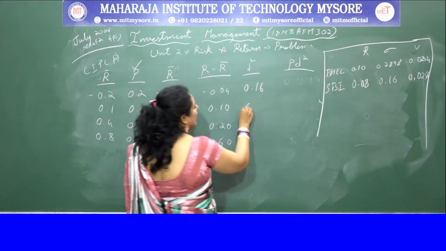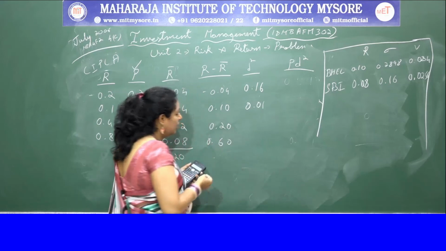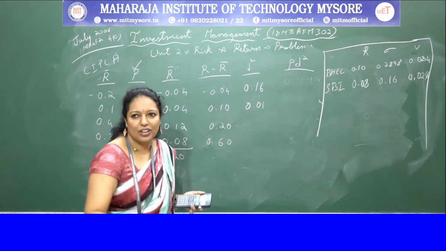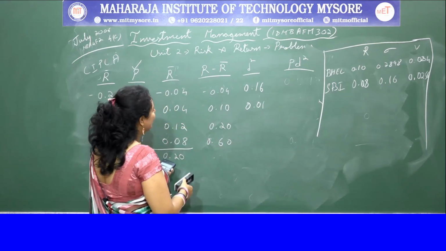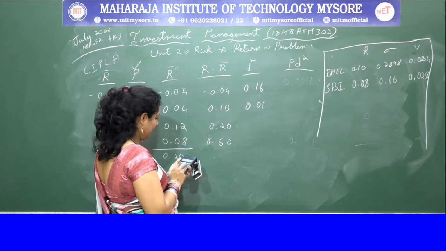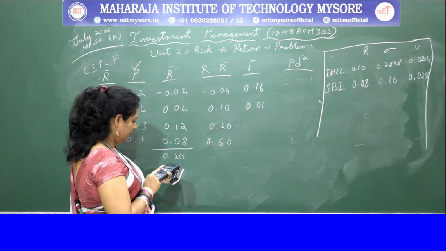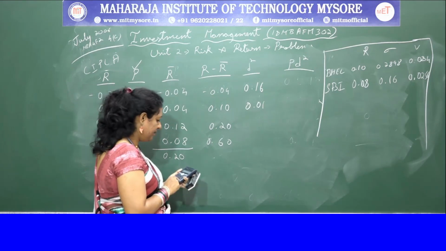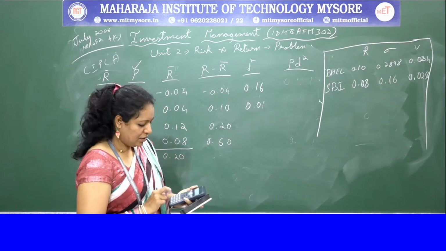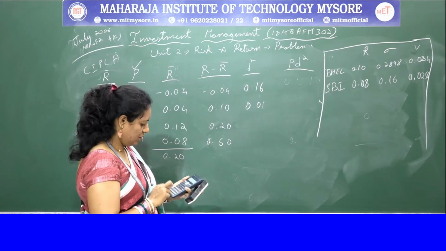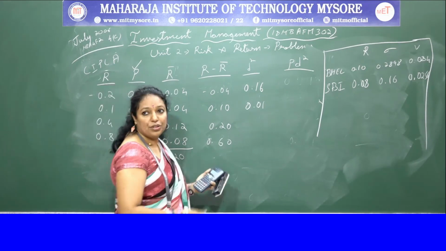Again, you're going to square it. Last problem also we have done. Sorry. 0.10. Right. Answer is right. So 0.2 into 0.04.